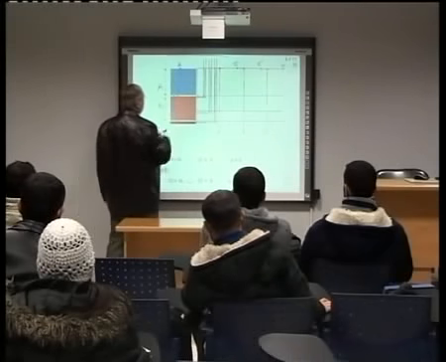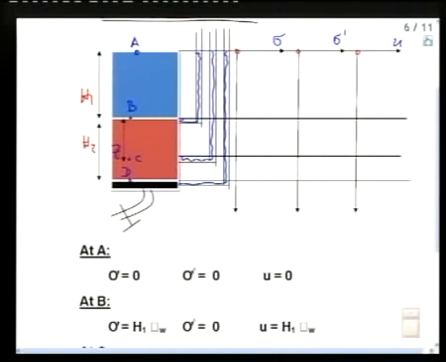Let us go to point B. What is point B? The end of the water, right? At depth H1. What about sigma? H1 gamma water. I have a stress here. This is the pressure that I have at point B. What about pore water pressure?